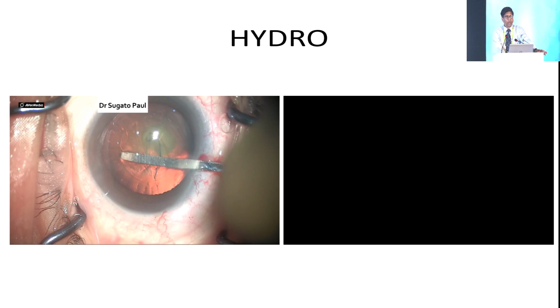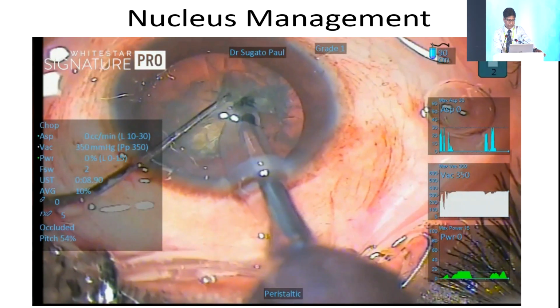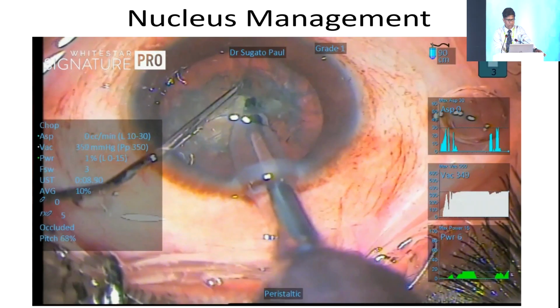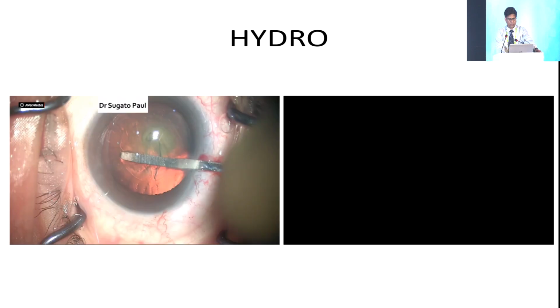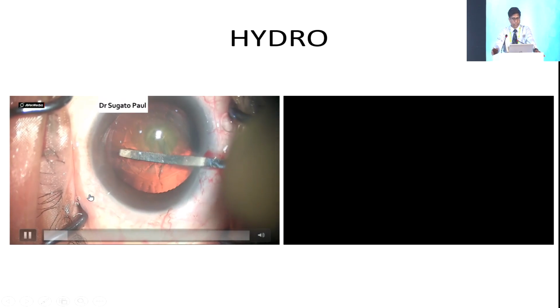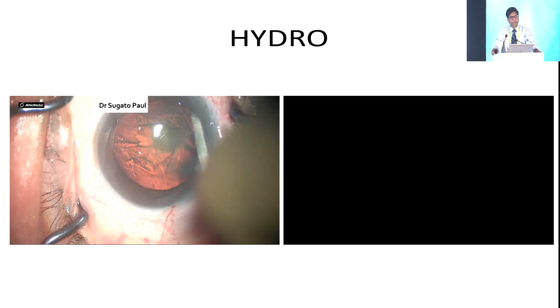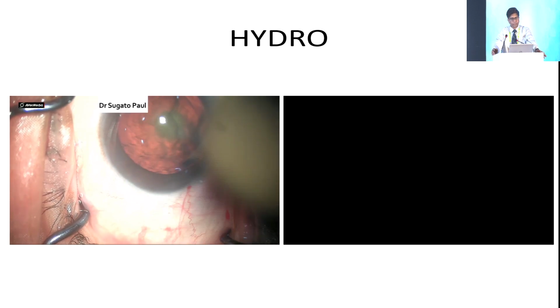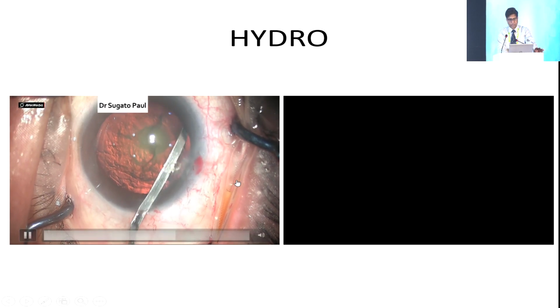What you should do, because the cortex and the epicortex are adherent to the capsule, is take a flat spatula, go under the anterior capsular rim, and with a swiping movement separate the epicortex from the nucleus, because that gives you a cleavage later on.